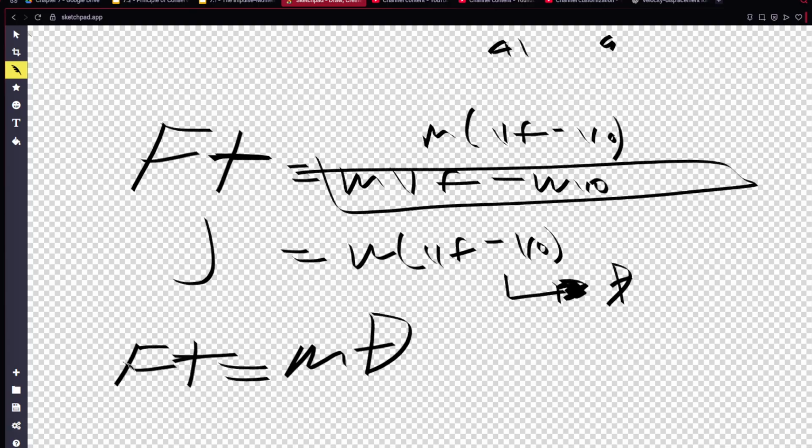And mass is constant here, so it's just a multiplier. So the greater the time is, the smaller the force will be, because if this is a constant, then the greater this is, the smaller this has to be to balance it out. So that means the greater the time, the lower the force applied over that interval is.